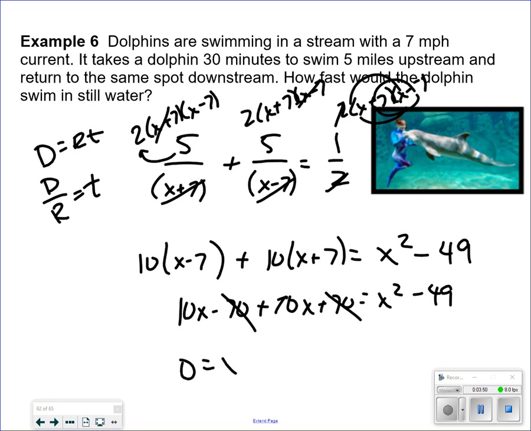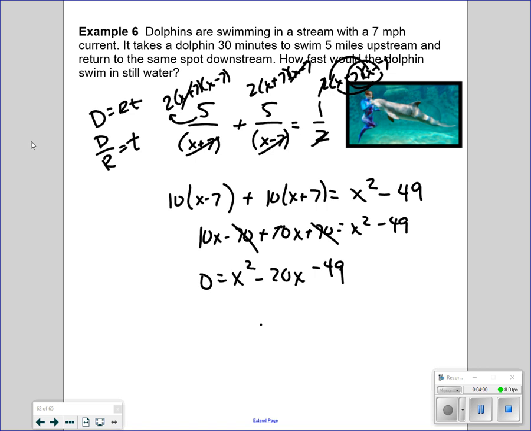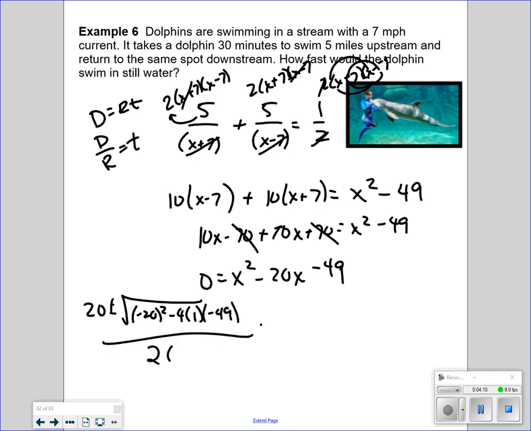I need to get everything on the same side. Most of the time, and I believe on the test, I will have something here that's factorable. This is actually not factorable. So if it's not factorable, now I have to use the quadratic formula. Negative b plus and minus the square root of b squared minus 4ac all over 2a.